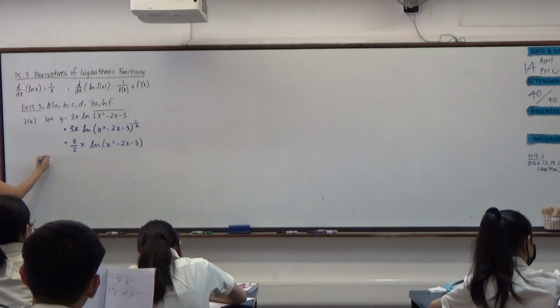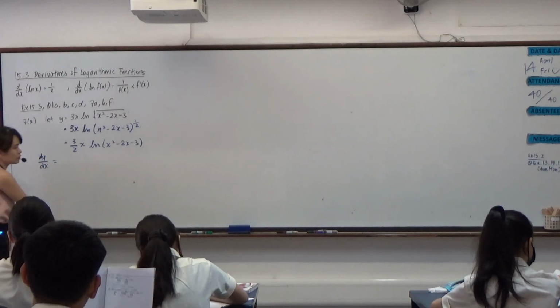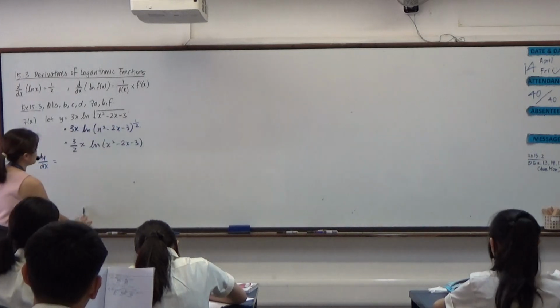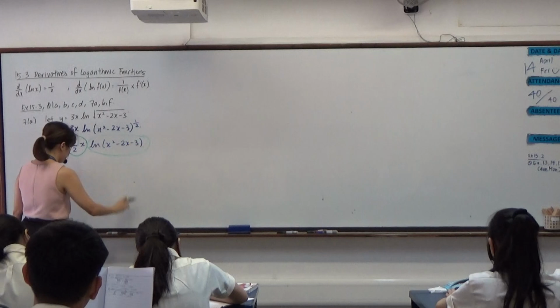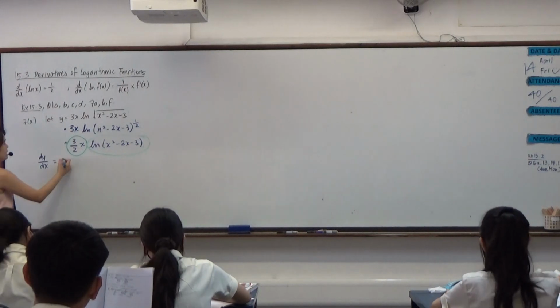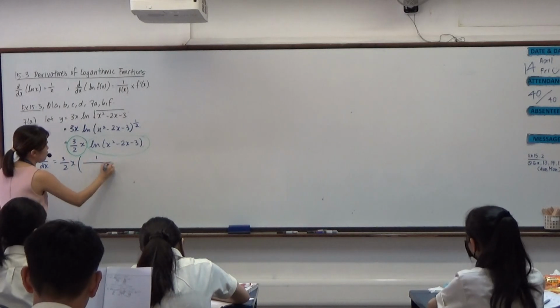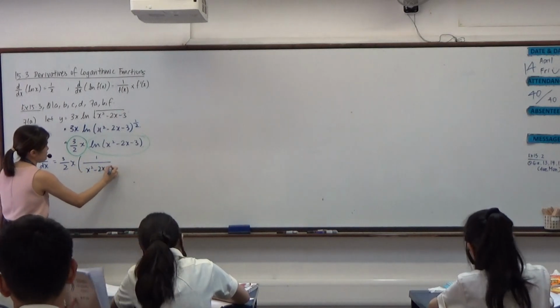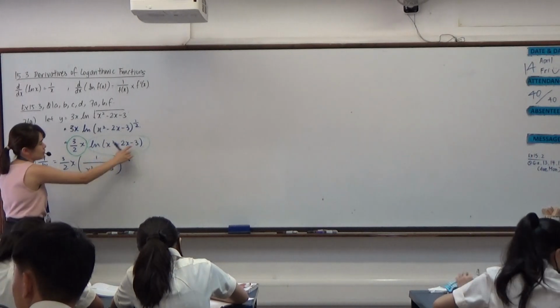From here we proceed with differentiating, and we have to do our product rule by recognizing the two products, 3 over 2x and the logarithm. Keeping the left side, differentiating the right, I will have 1 over x squared minus 2x minus 3, followed by multiplying the differentiation of this.